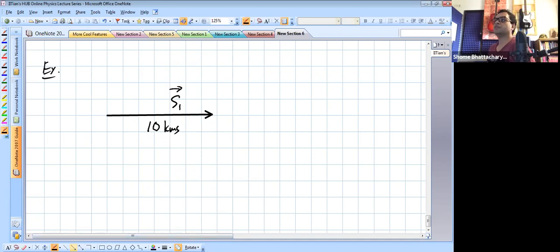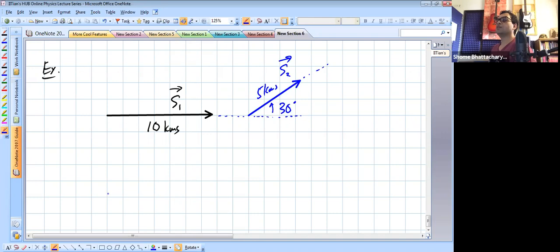Now if I draw another one like this, and I tell you that this is my displacement S2, where this one's magnitude is 5 kilometers. And the angle between the line of action of this one and this one is, let us say, 30 degrees.